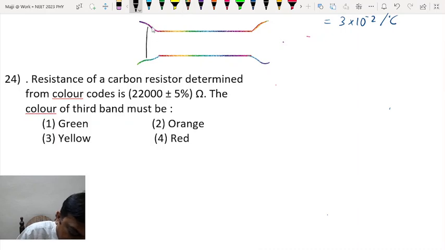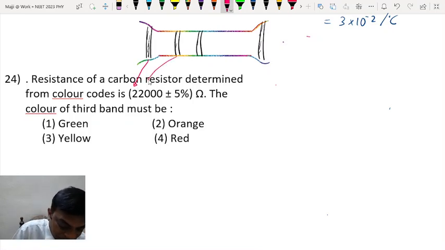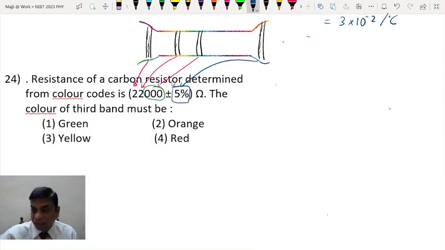You have one band over here, then two bands like this, and one band like this. The first band denotes the first digit, the second band denotes the second digit, the third band denotes the number of zeros, and the fourth band denotes the tolerance level. Tolerance level can be 5%, 10%, or 20%. That's all. Only three colors.